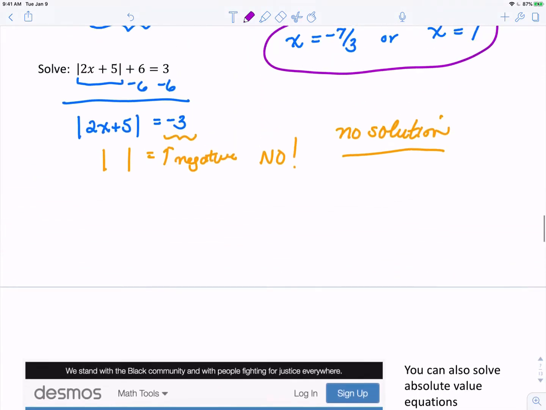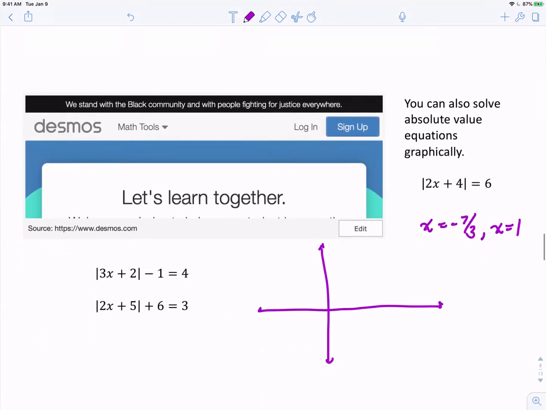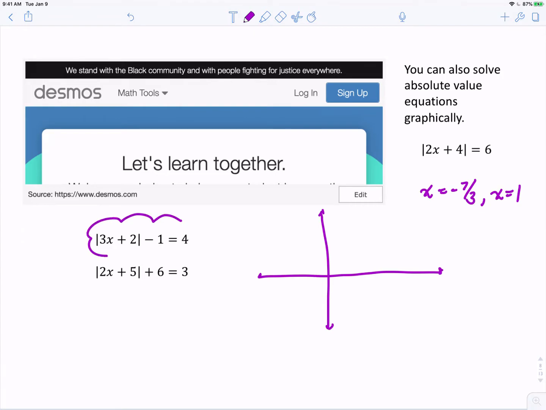If you graph this equation on Desmos, you'll get a V-shaped graph, and it's going to cross the x-axis. In other words, this is where your function value is equal to 0, at -7/3 and at 1.